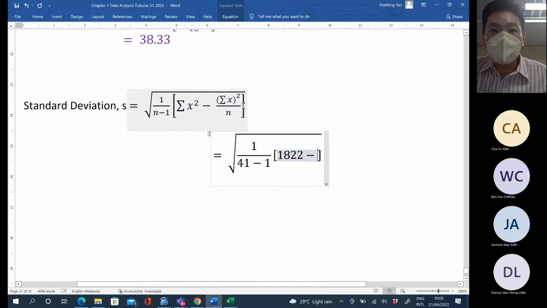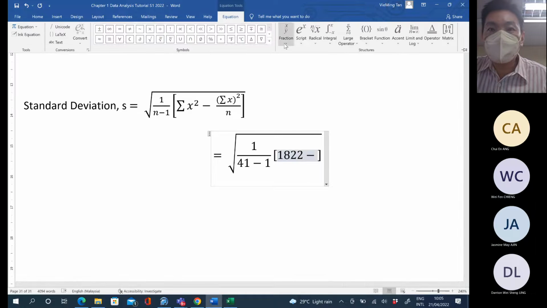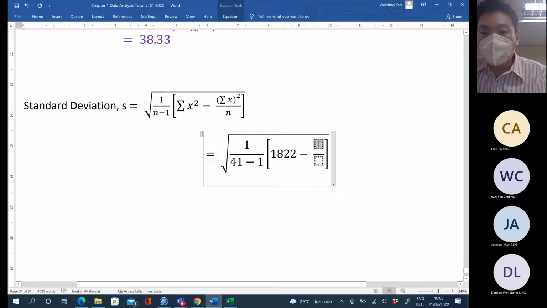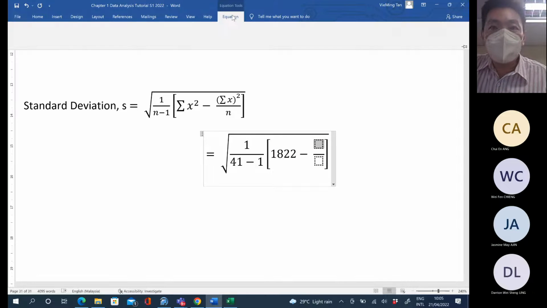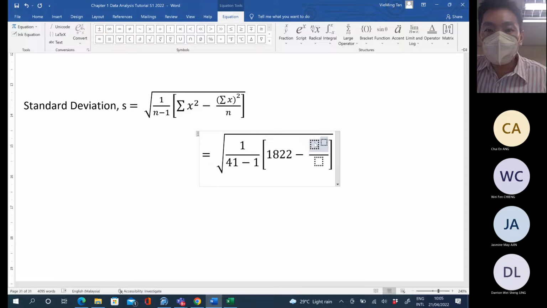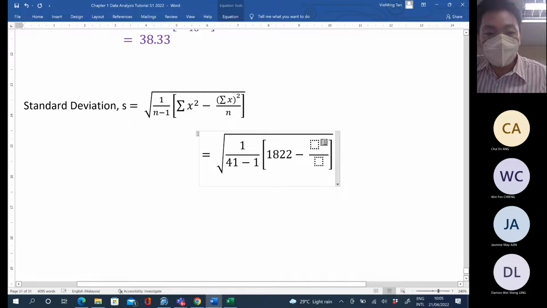How about this part? Got two layers, fraction, so I'll create this two layers for this term. Before that, I need to include the power 2 as well. This is power 2.